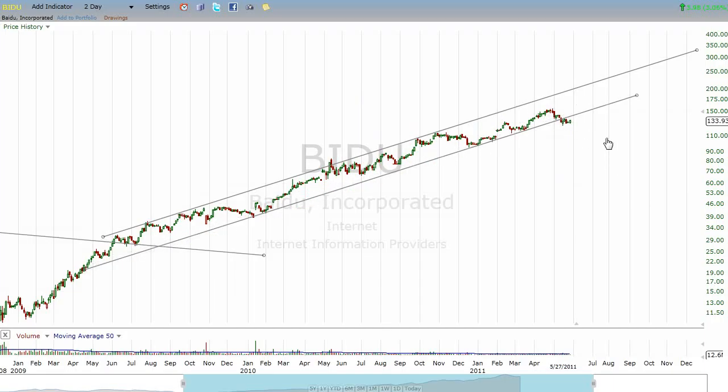So that resistance line in a rising channel does not necessarily turn into support. As a matter of fact, you really just can't count on it. However, a rising support line, once it's broken, then that usually turns into resistance pretty reliably. Let's look at another example of this. Okay, this is another example of what I was talking about, a break in a trend.